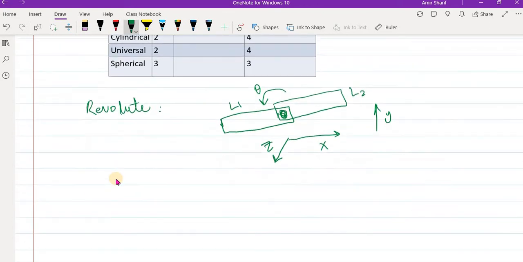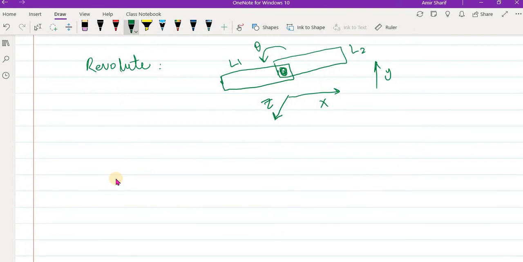Now let's see the prismatic joint. For the prismatic joint, we said that it looks something like this.